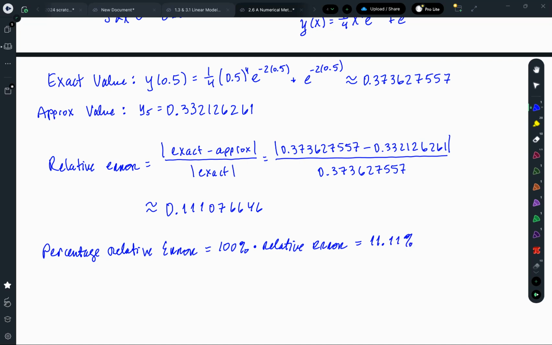So that tells me right there a little bit more information. It says that our approximate value gives us an about 11% error. And depending on what you're building or working with, that might be okay, but it also could be deadly. So you want to be careful with error.